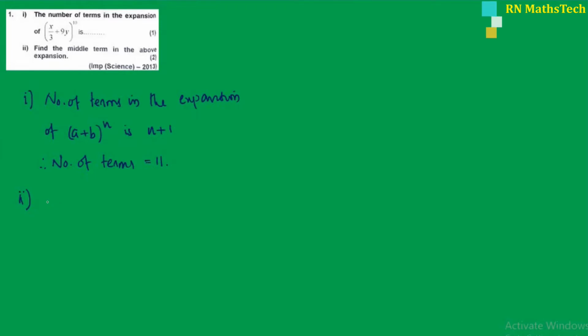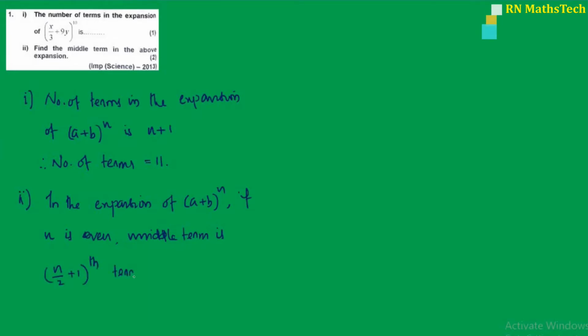The middle term: if n is an even number, in the expansion of (a + b) raised to n, if n is even, the middle term is the (n by 2 plus 1)th term.